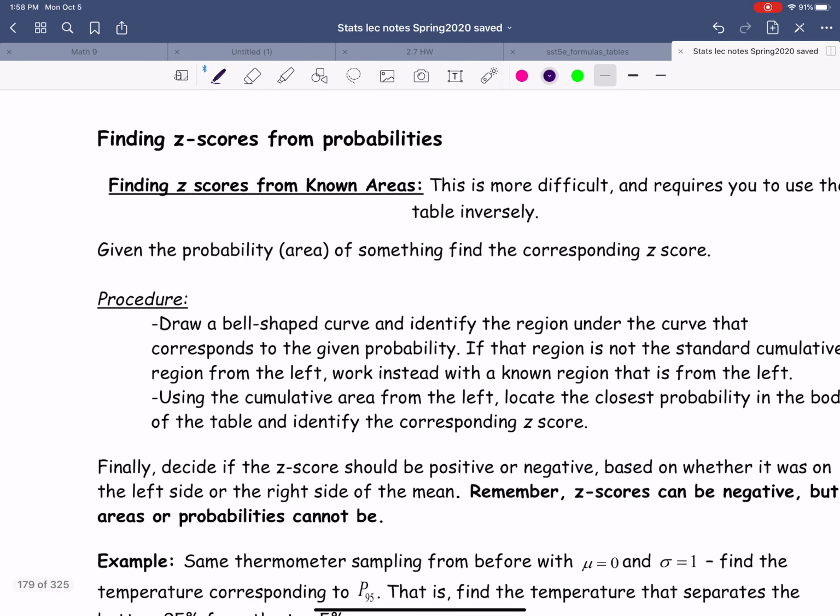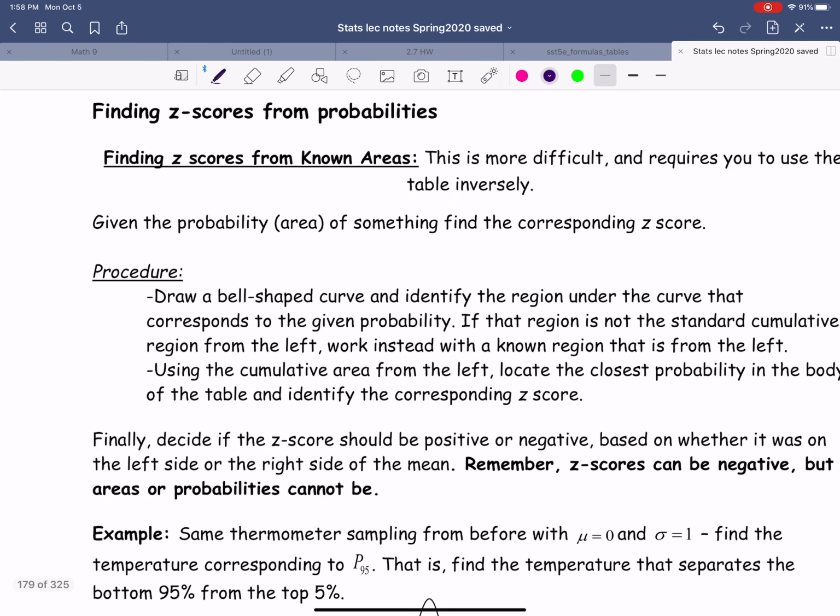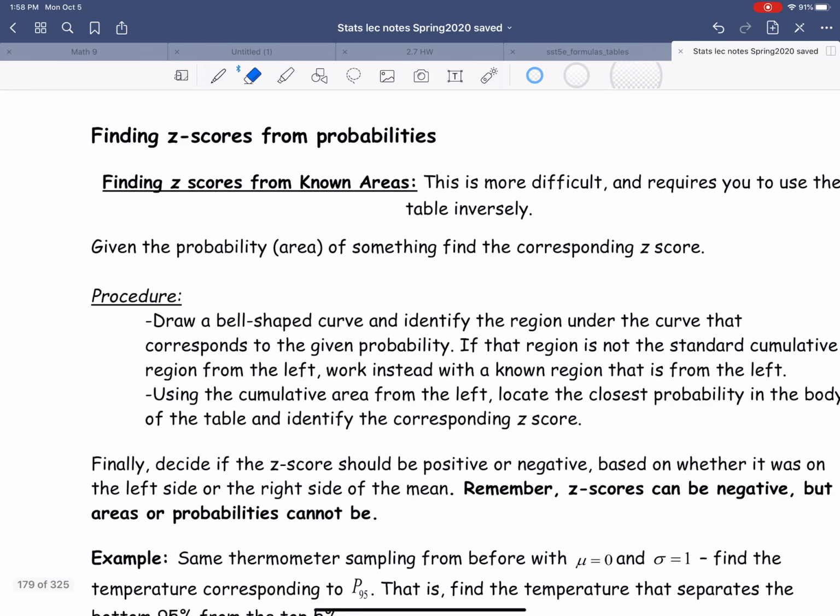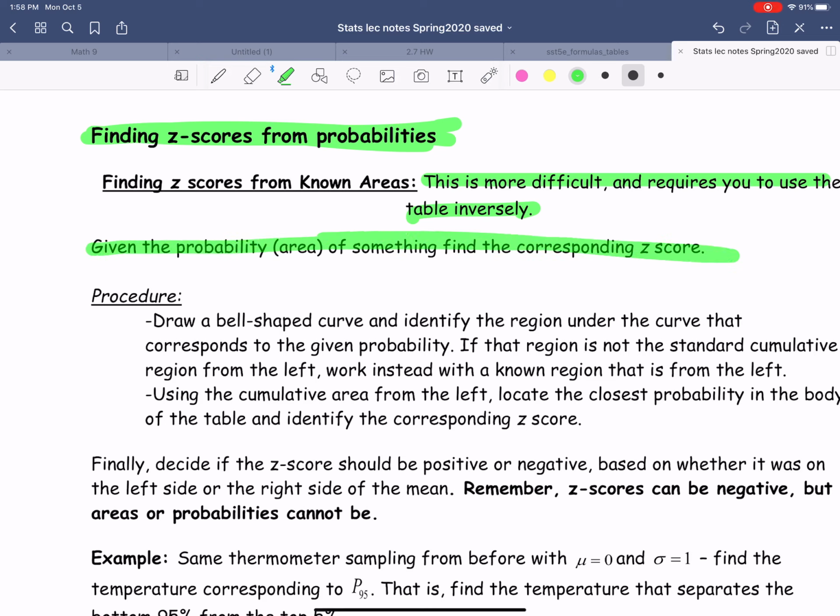Okay, finding the z-score from the probability. This one is a little bit more difficult, because when you're finding the z-score from the probability or from the area, we will be using the table inversely here. Given the probability of something, find the corresponding z-score.